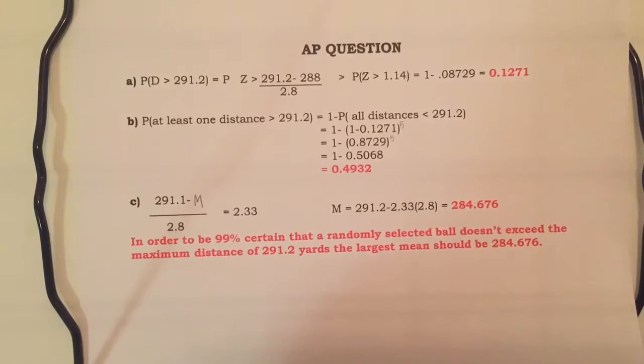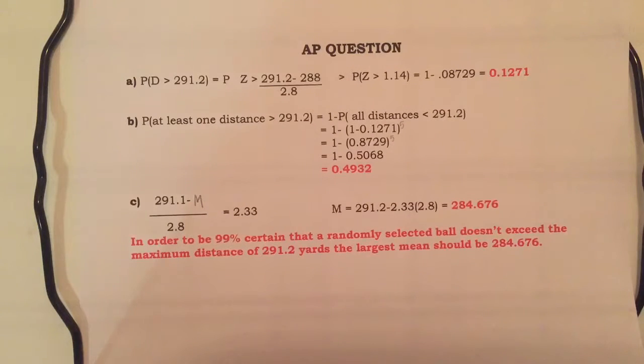Part C is asking, if the manufacturer wants to be 99% certain that a randomly selected ball will not exceed the maximum distance of 291.2 yards, what is the largest mean that can be used in the manufacturing process?